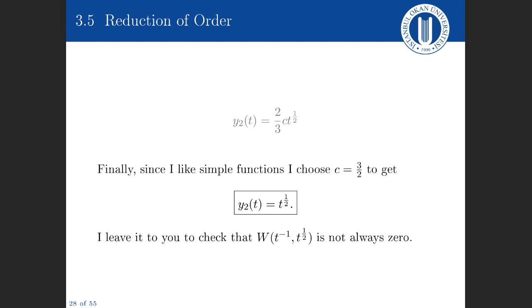I'm going to choose c to be equal to 3/2, just to simplify this to y2 is equal to t to the power of a half. And that's going to be the answer to this question. I'm going to leave it for you to check that the Wronskian of these two functions is not always 0. In other words, I'm leaving it for you to check that these two solutions are linearly independent.